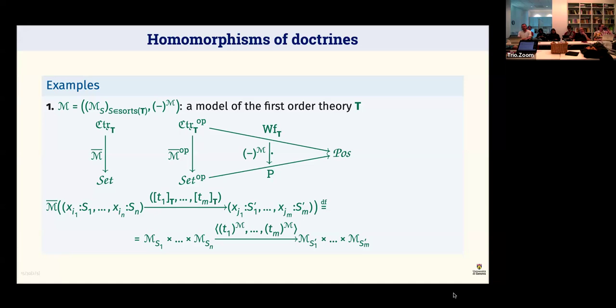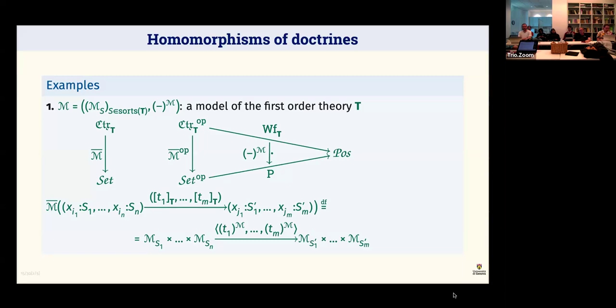Okay, and that's my notation for such a collection of data. From that, I'm going to produce a homomorphism of doctrines from the Lindenbaum-Tarski doctrine of the theory into the doctrine of the contravariant power set functor. And essentially, it is just the interpretation of the model as we usually do it.